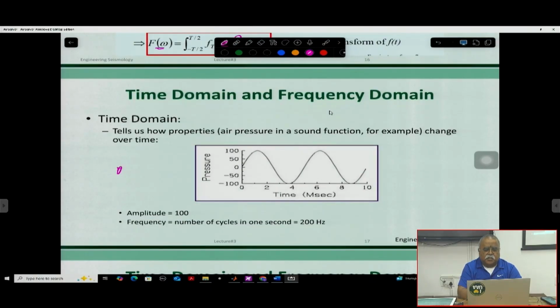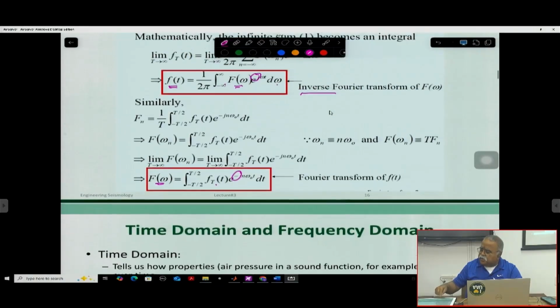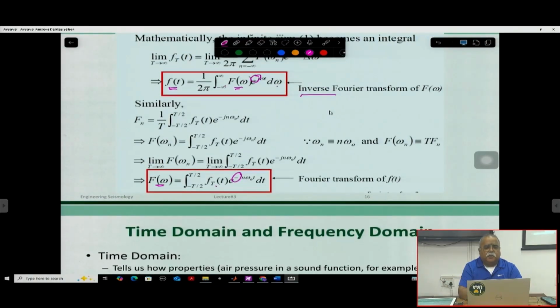We'll be continuing our discussions on the Fourier transform, and yesterday I had given you the two important relations of the Fourier transform calculation. So one is that if you have the time series data, then you just write it in this integral, and then you will get the Fourier transform.